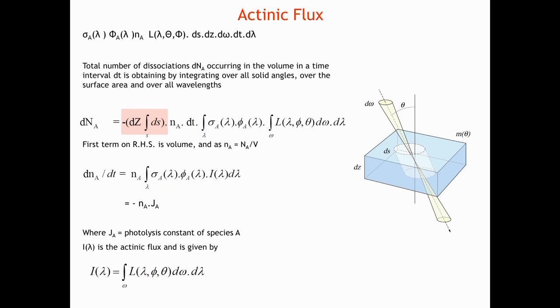JO singlet D, it's not consistent. Sometimes JO singlet D is referring to the product, or JNO2 is referring to the reactant. But normally J has a subscript of a molecule that refers directly to the rate of the photodissociation.